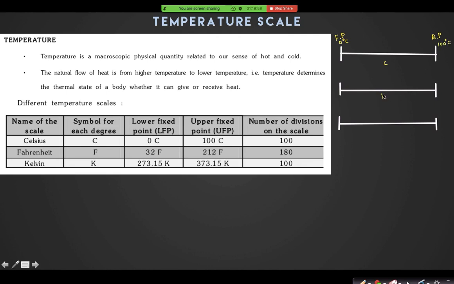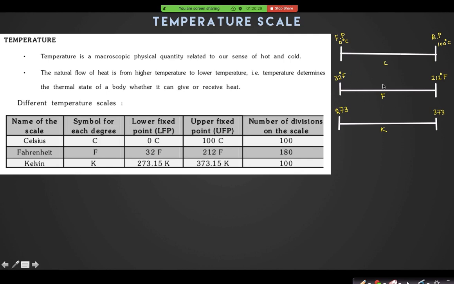In Fahrenheit scale, it is 32 degrees Fahrenheit, right? And it is 212 degrees Fahrenheit, boiling point of water I'm talking about. And in Kelvin scale, it is 273 Kelvin and 373 Kelvin, approximately, right?